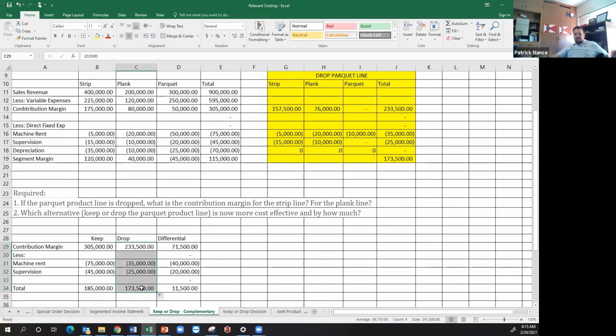If I drop it, I'm going to drop down to 173.5, which is a difference of $11,500. So in this case, I'm going to want to keep the Parquet line because my operating income goes down by $11,500. And notice, like I said, we got rid of all the costs that don't change based on this decision. So that's it for this video.